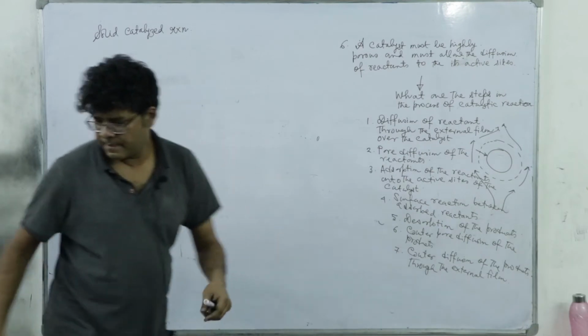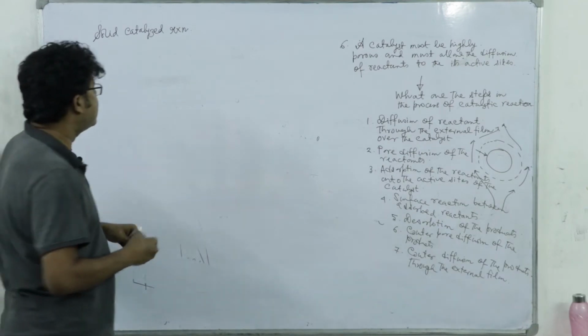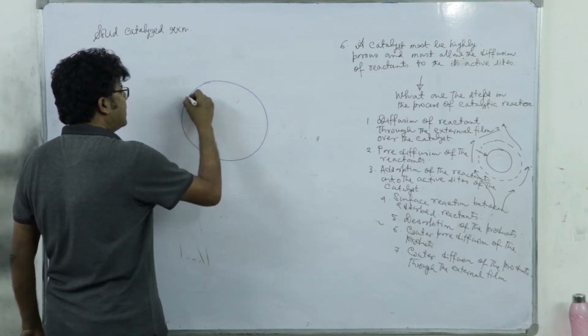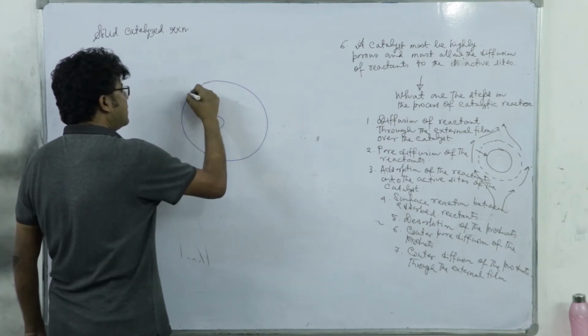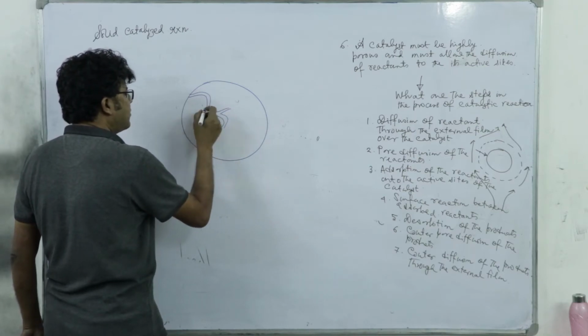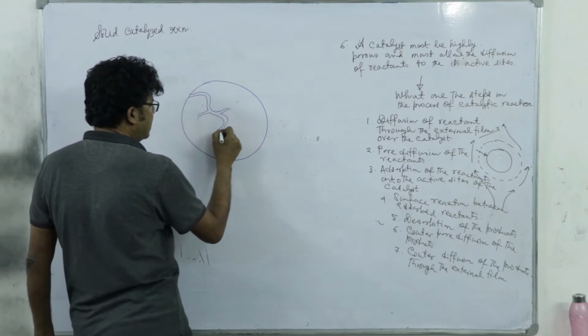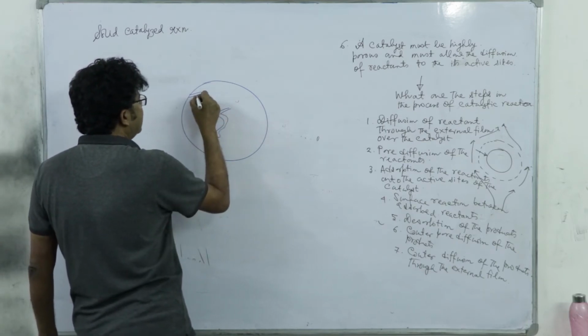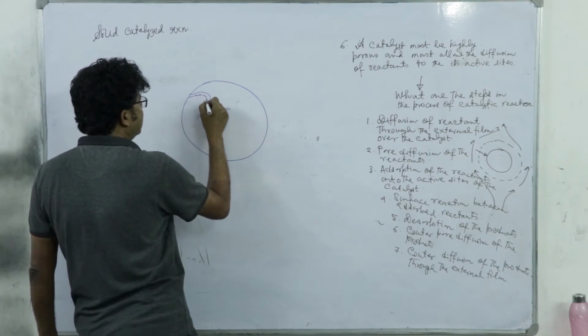Let us consider this is the catalyst particle, and here we have a single pore which may be having branches, etc. And there are active sites on the surface of these pores.